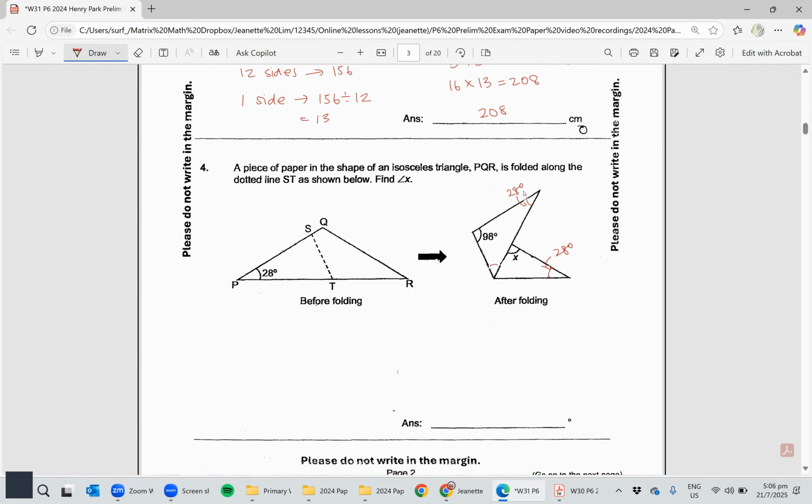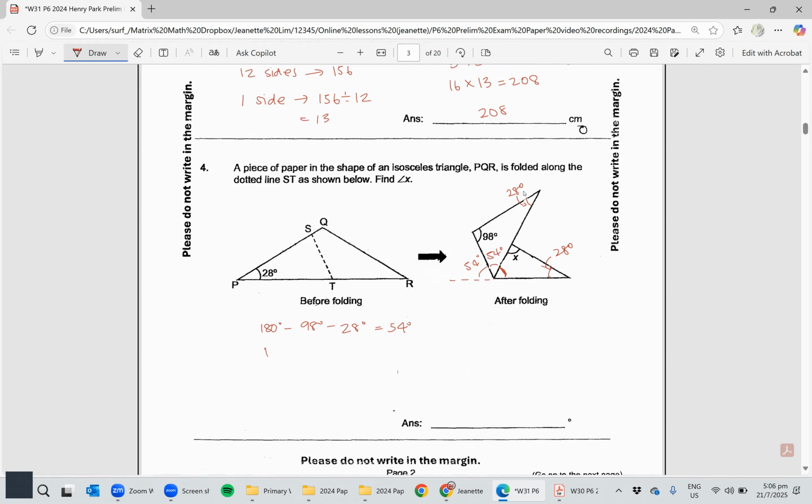So now, what I'm going to do is to find this part here. Okay, so that's 180 minus 98 minus 28, which is 54 degrees. Now, if you were to unfold it, it will go back to a straight line, and this would be 54 as well. Okay, which means that I can find this angle here.